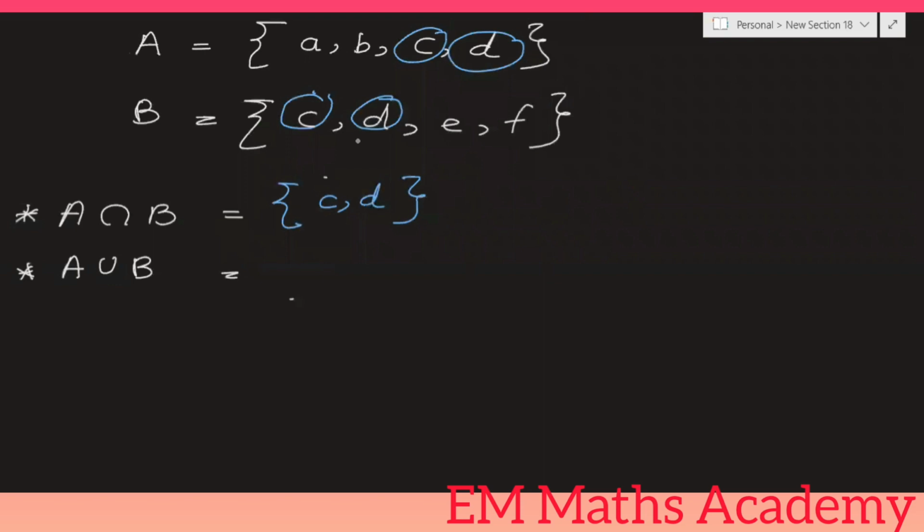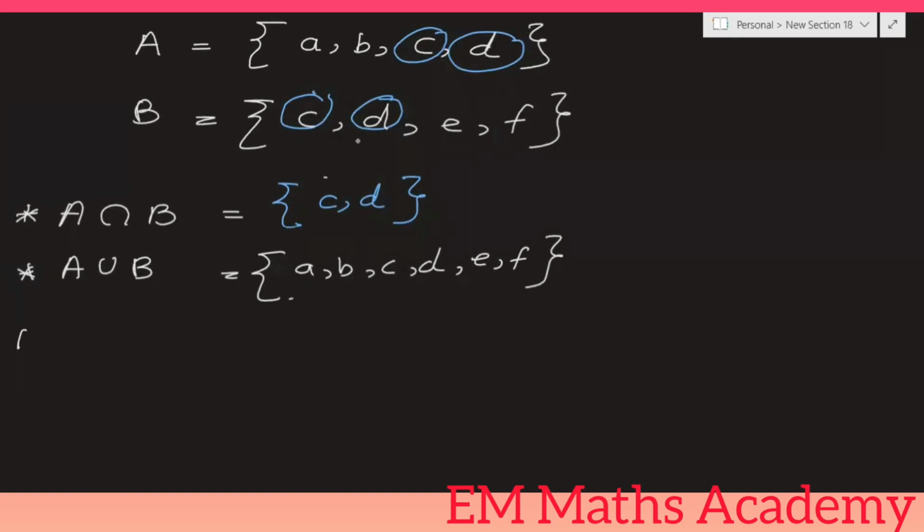Then A, B, C, D. C and D are already included in B, and we do not repeat elements when writing a set. Remember, we write each element only once. Then E, F. These are all the elements in sets A and B.